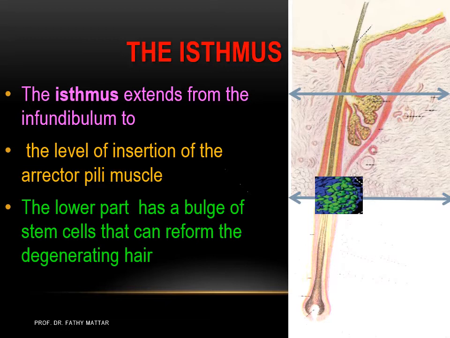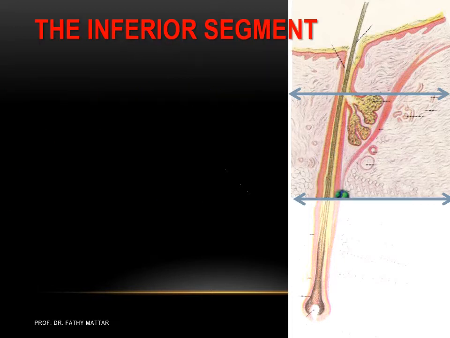This regeneration occurs from these cells, and so the part of the hair above this bulge is a constant part which does not degenerate, but the part underneath that is a degenerating part.